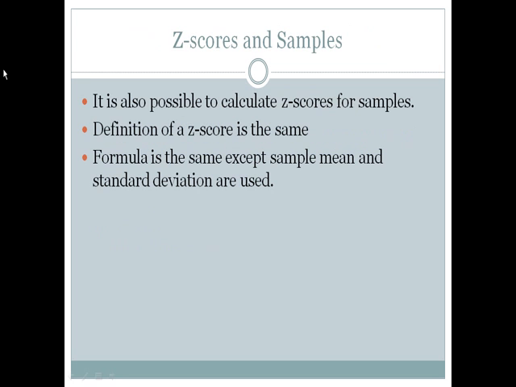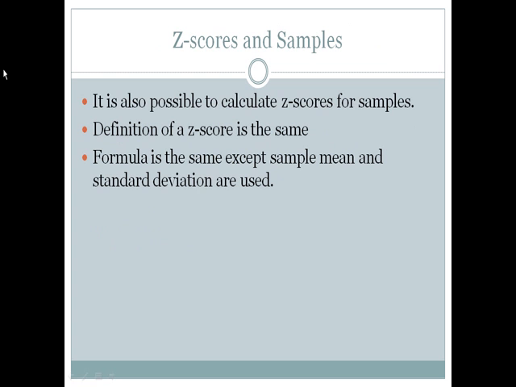Now, in the examples before, we have been calculating z-scores for populations. It is also possible to calculate z-scores for samples. Make sure to review the difference between samples and populations.